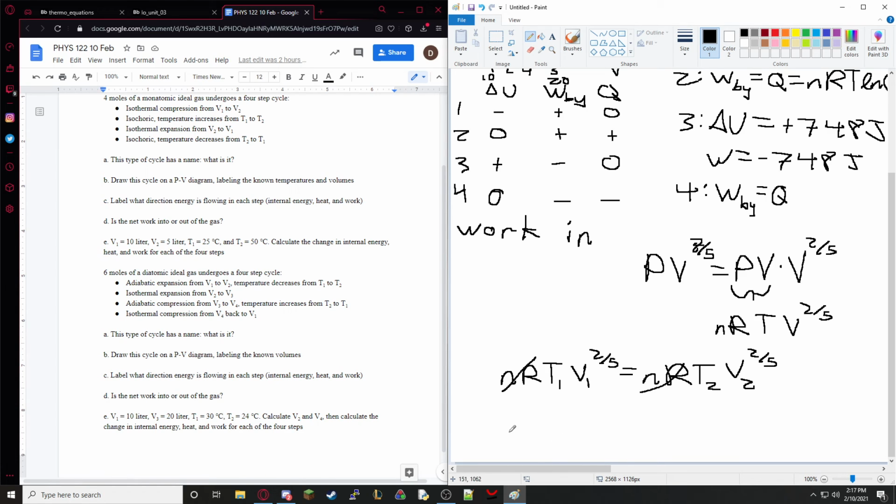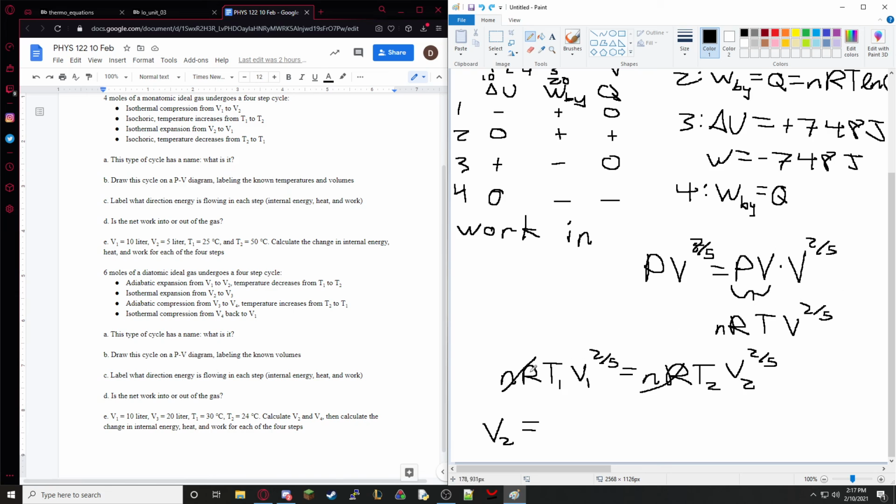So we want to calculate V2 in terms of V1. So V2 to the 2/5 is equal to T1 over T2 times V1 to the 2/5, which then, if we go ahead and get rid of our 2/5 here by essentially multiplying by a 5/2.